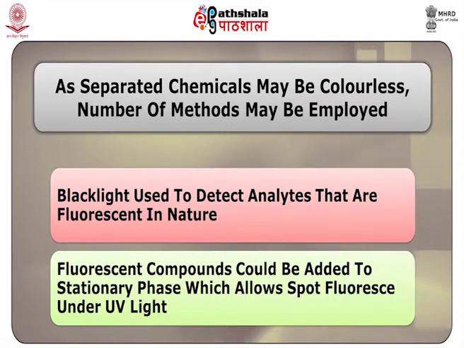Fluorescent compounds like manganese activated zinc silicate could be added to the stationary phase at the time of plate preparation, which allows spot fluorescence under ultraviolet C light of wavelength 254 nanometers. The plate thus will fluoresce under UV light, but analyte spots will interrupt this fluorescence.